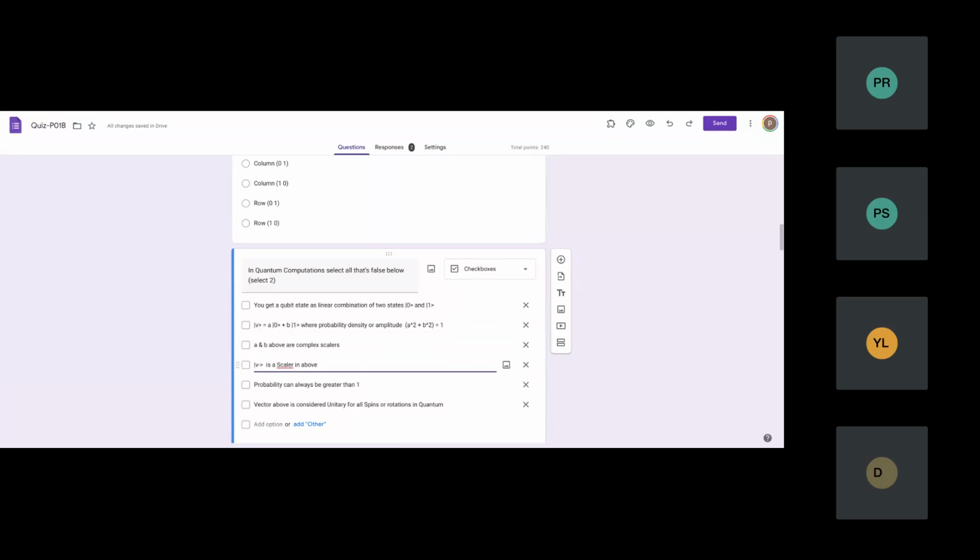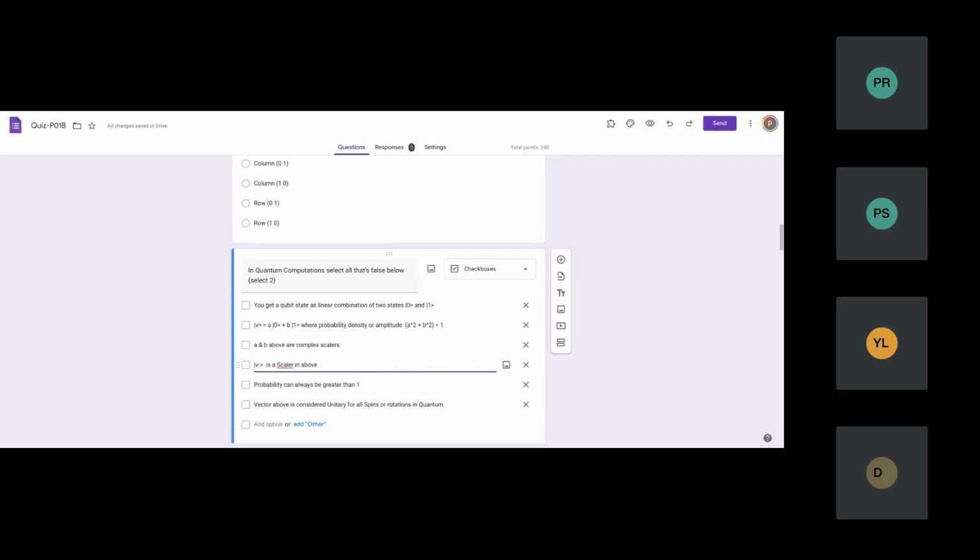It can be 0, it can be 1, it can be anything in between. So it's a vector, right? If you take two vectors, let's say ket V and ket U, and you find an angle theta between them, then the dot product of ket V and ket U is a scalar. But ket U and ket V both are vectors.